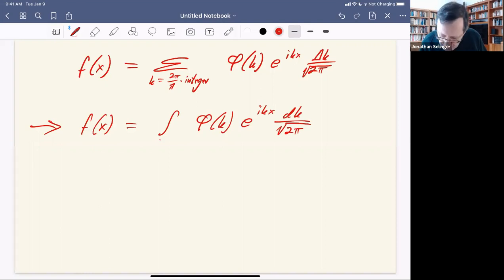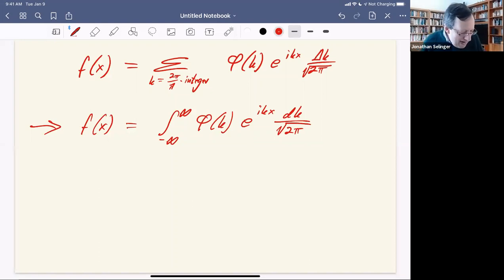And this integral goes from minus infinity to infinity, right? Because k was already going over all positive or negative integers times the spacing, and now the spacing is smaller and smaller. So it could be anywhere on the number line, the k number line, from minus infinity to infinity.